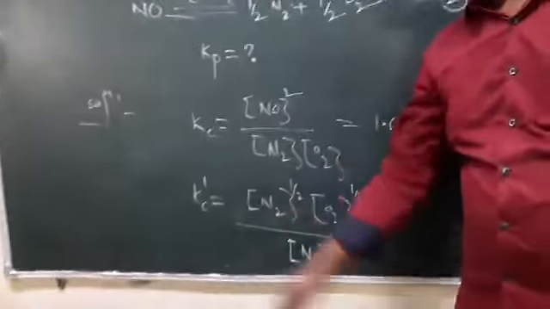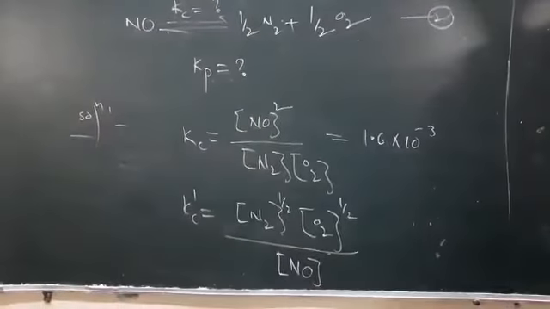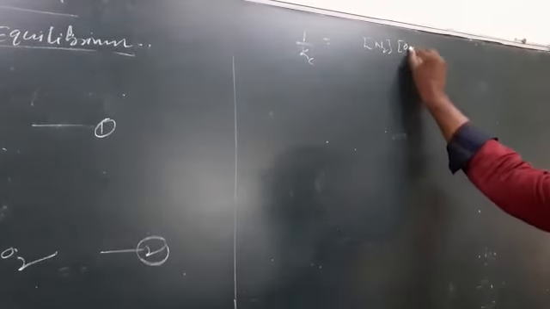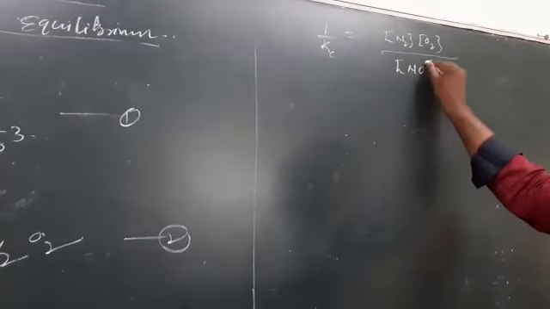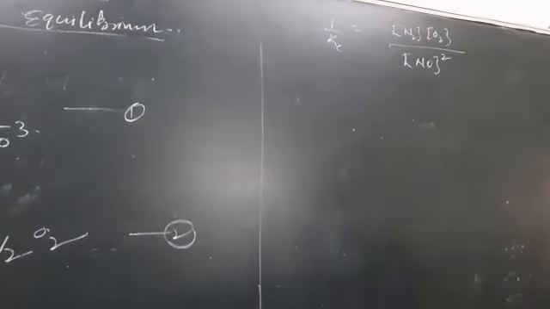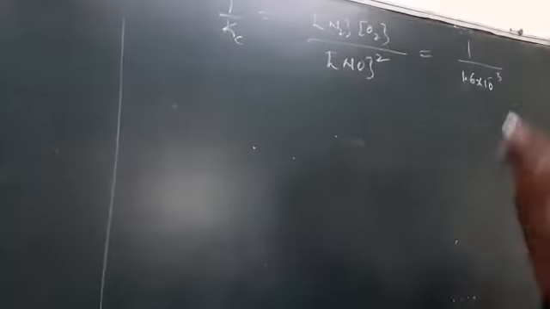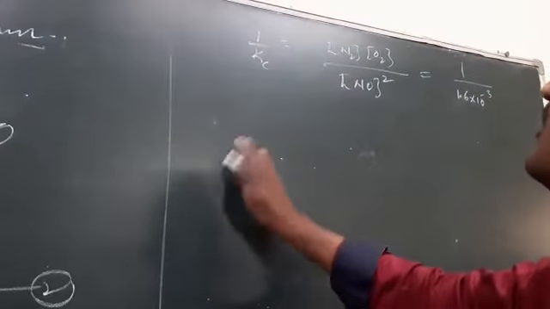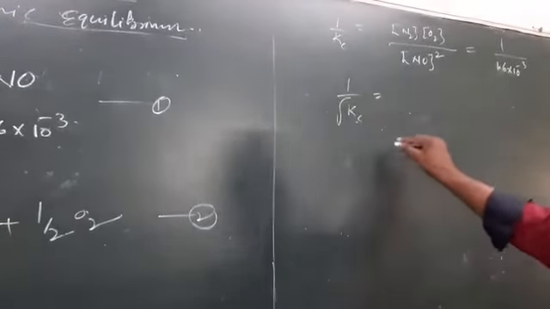What is the relationship between Kc and Kc prime? If you invert Kc, writing Kc equals concentration of N2, concentration of O2 by concentration of NO square, this value becomes 1.6 into 10 power minus 3. Now apply the root.